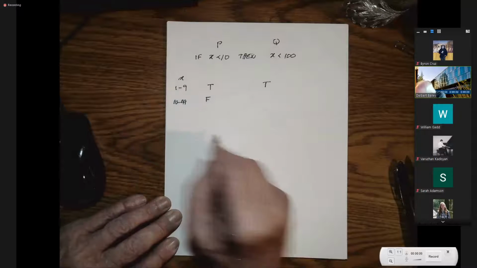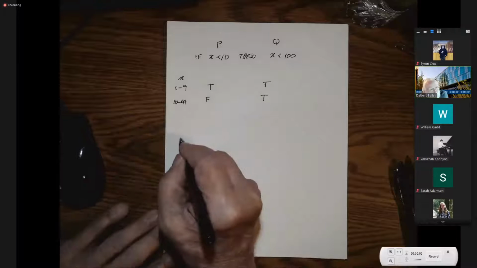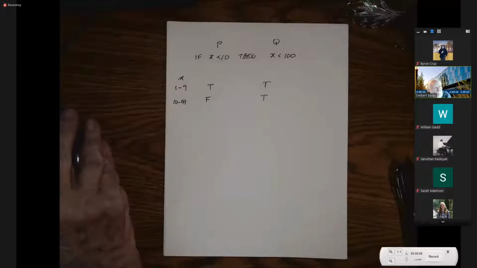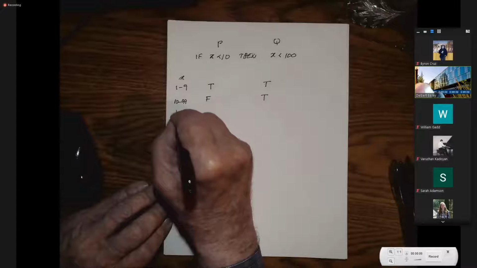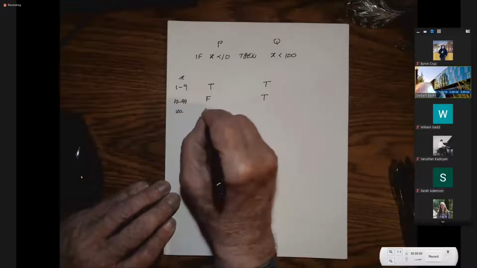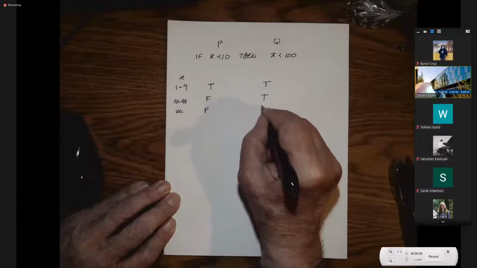So that's false, but this is true. And if X is 100 or more, then this is false, and this is false.